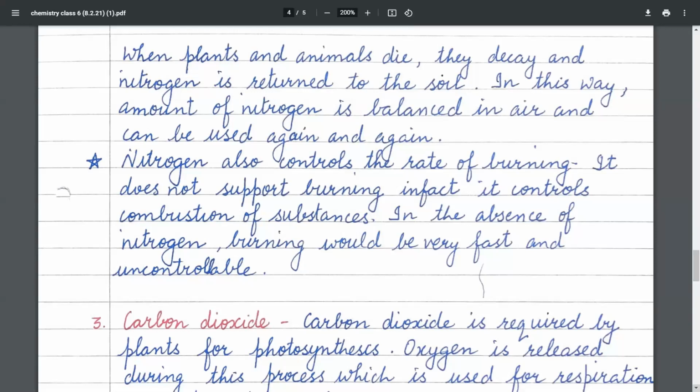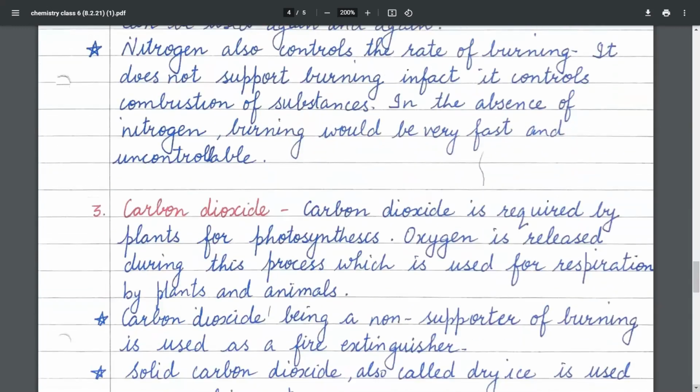Also, nitrogen controls the rate of burning. Remember, it does not support burning. In fact, it controls combustion of substances. In the absence of nitrogen, burning would be very fast and uncontrollable.